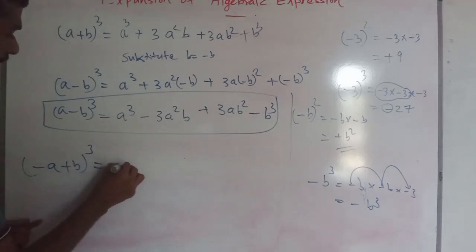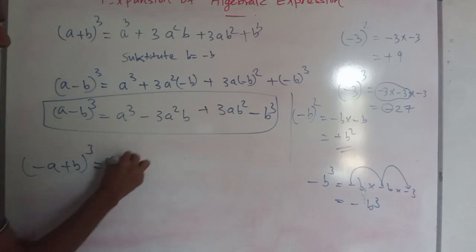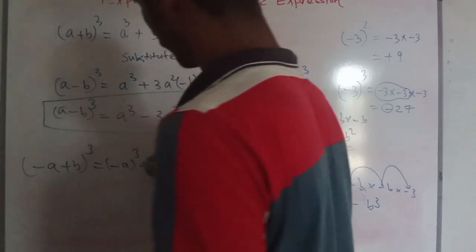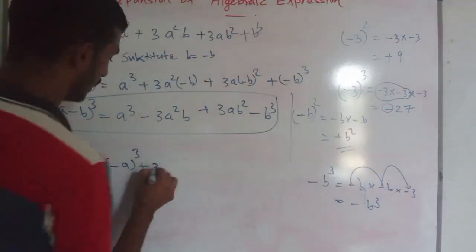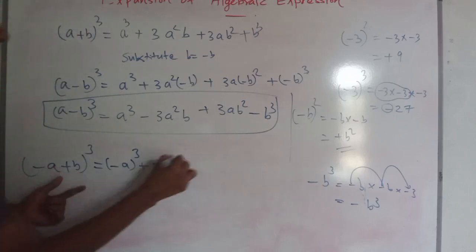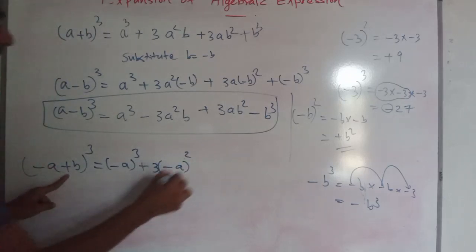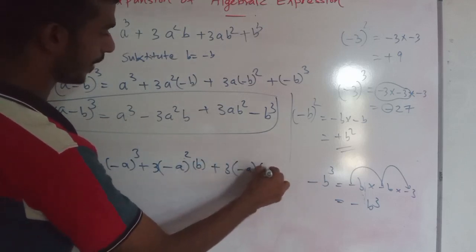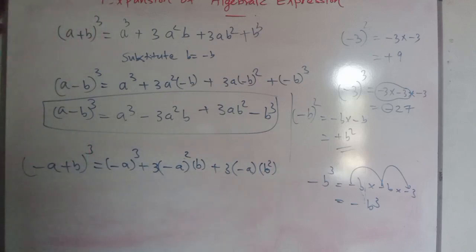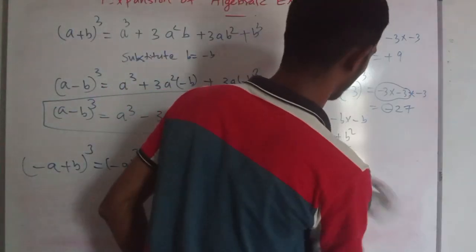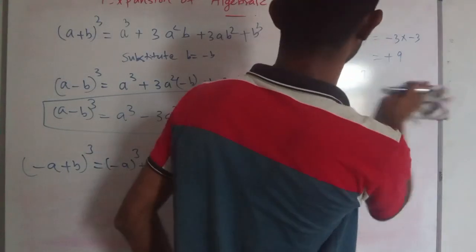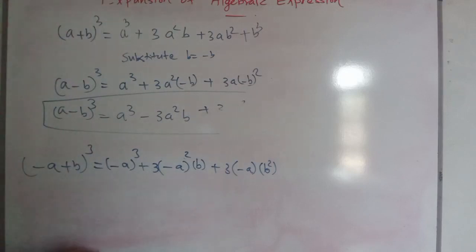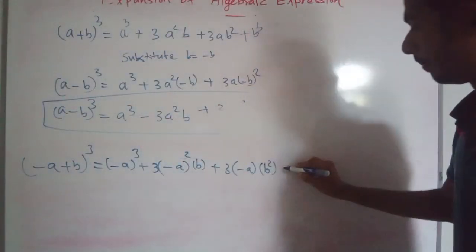So you see, (minus A) whole cube, then plus 3 into (minus A) squared, then B, plus 3 into minus A, B squared, right? With time you will be familiar with these things, and without writing these things you will quickly write the answers for these kinds of expansions.